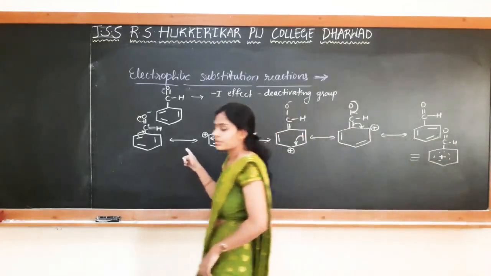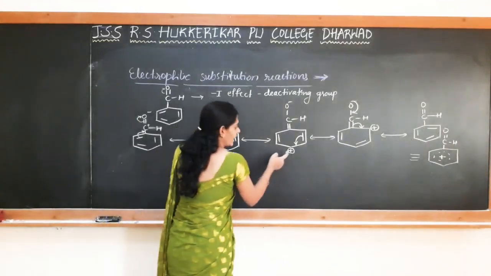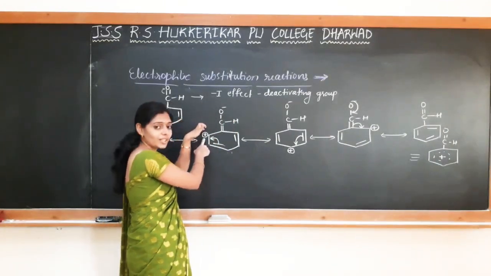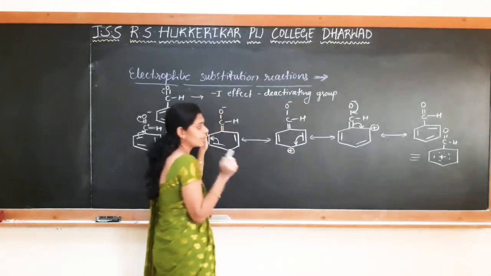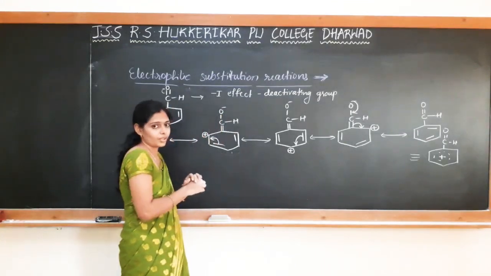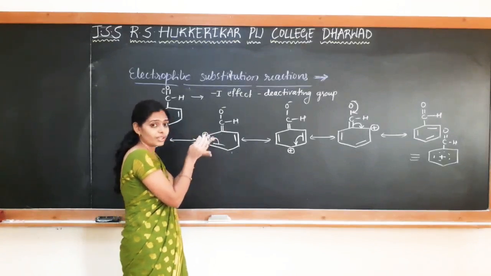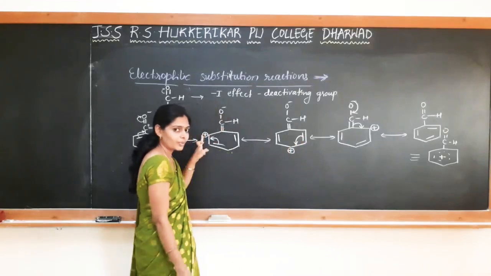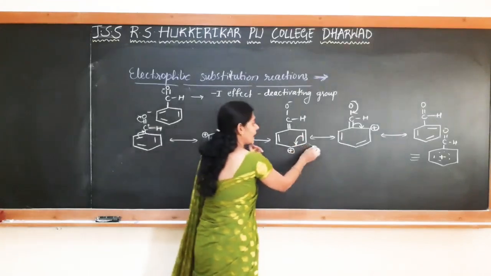Positive charge is delocalizing, meaning positive charge is created at ortho and para positions, where electron density reduces. Plus charge means electron density is less. So ortho and para positions have less electron density. If an electrophile is coming, it has to attack an electron rich center. We see positive charge at ortho and para positions, while the meta position does not have any charge.